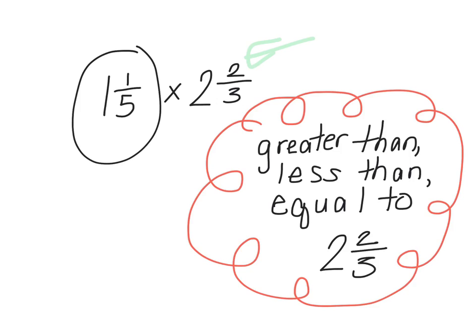I'm multiplying by a number that is greater than 1. So my answer is going to be greater than 2 2/3. If I was multiplying by 1, it'd be equal. I'm multiplying by something greater than 1, so my answer is going to be greater than 2 2/3.